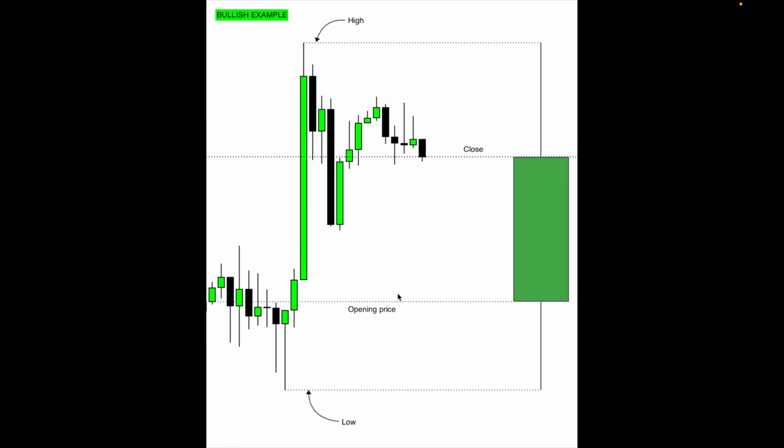What this simply is, is basically a continuation in the market. For the bullish example, it's the open, low, high, and then close. So this is moving on to the lower time frames to get in line with the candlestick's print.